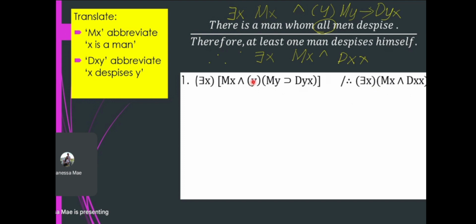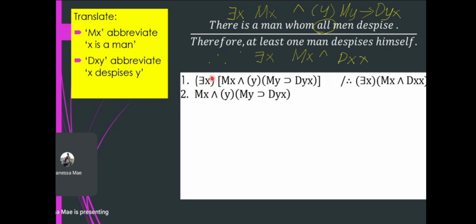So to prove that one, to have our proof of validity, what are the things to do here? What can we work on from our premise and our conclusion? First, we can do the process of existential instantiation, since the existential quantifier is here first.